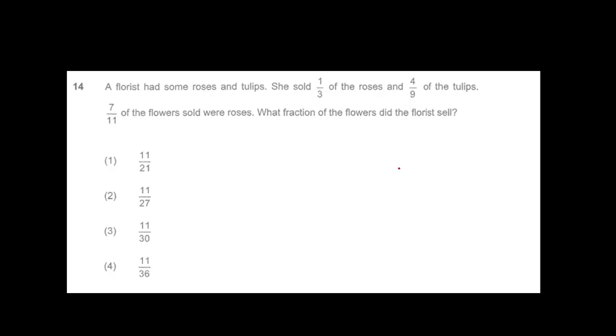Okay, so to do it, let's start from the number of flowers sold first. So you know that 7 out of 11 sold. So let's assume this is 7 units and this is 4 units, because 4 plus 7 will be 11.